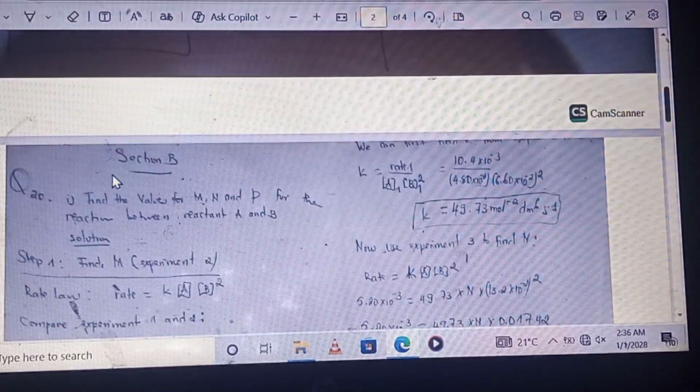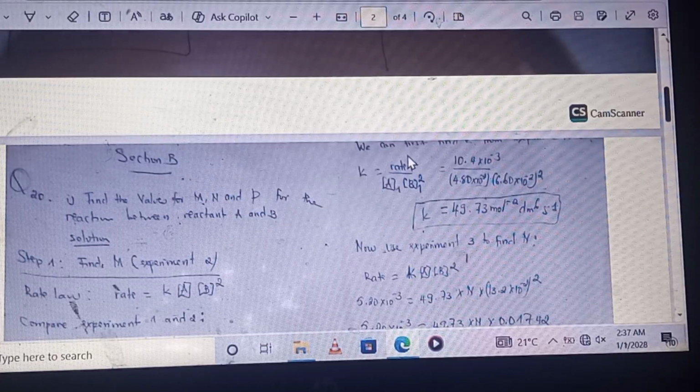When we use the formula of rate equal to constant times concentration of A times concentration of B squared, in order to find N, we need to first solve for the constant from the formula.